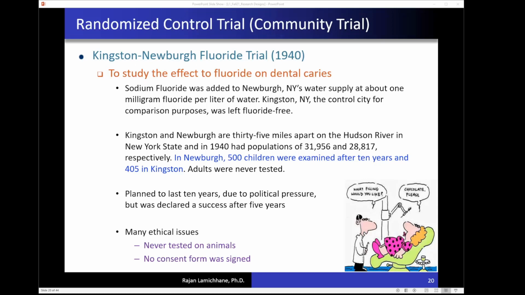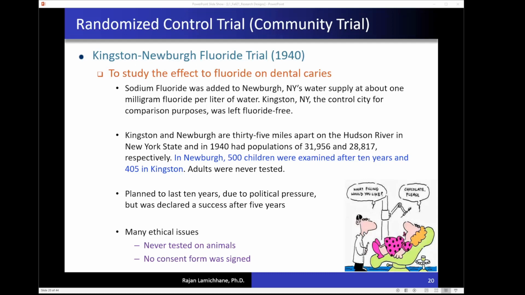Kingston was considered the control city, and its water source was left fluoride free, while for the Newburgh water source, sodium fluoride was added at 1 milligram fluoride per liter of water. As I said, there are several ethical issues in this study, and there was huge political pressure to stop the study early.